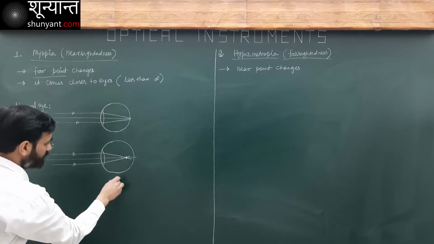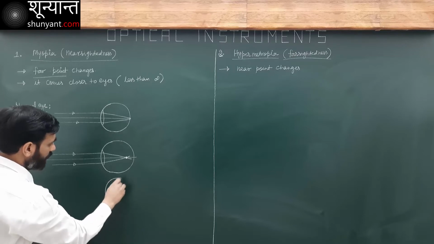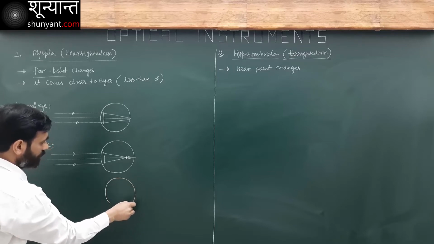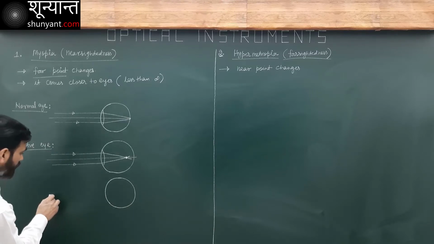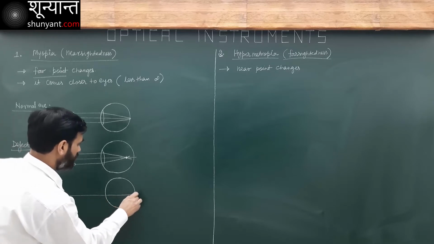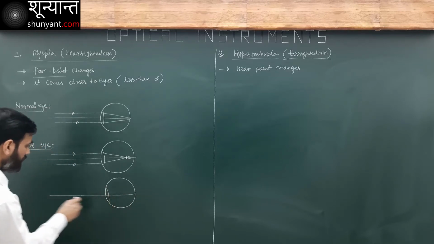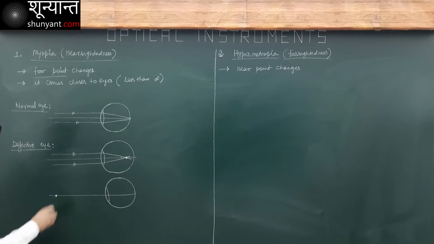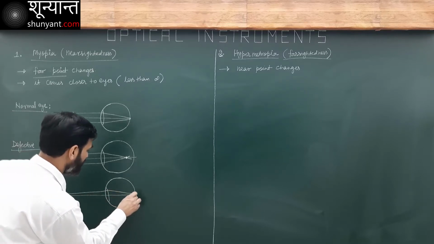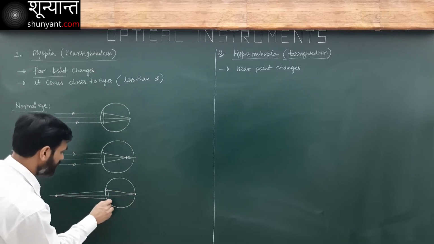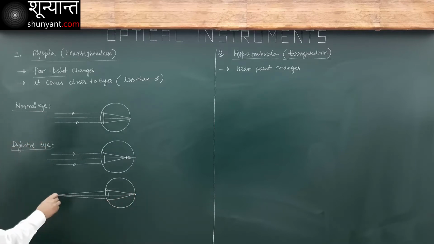I cannot see the object at infinity, but I can see it if it is closer. So maybe if the object is here, then I can see it. Then the image forms right at the retina here. This is my far point.